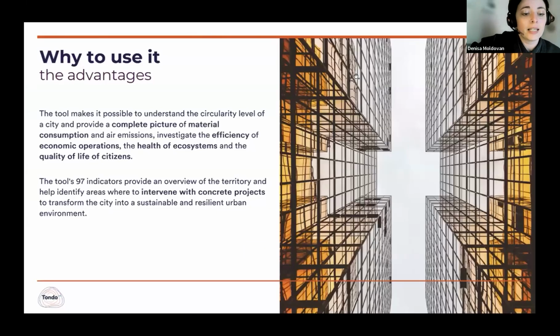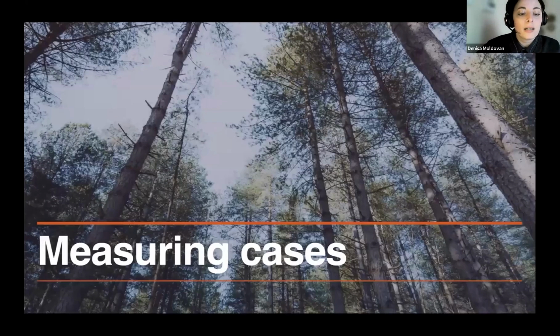In the next slide, we can see that this tool offers a holistic view of a city's sustainability performance, including assessing material consumption and air emissions, evaluating economic efficiency and ecosystem health, and also measuring quality of life of citizens. With 97 indicators, city planners can identify critical areas for where to intervene with some strategic projects.